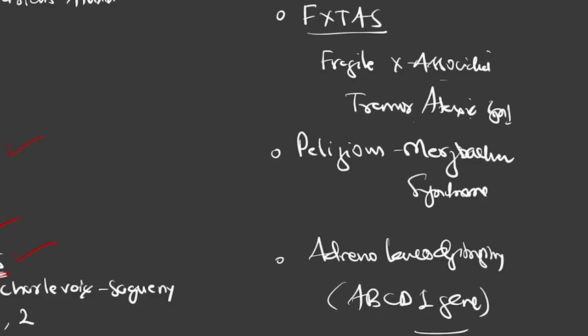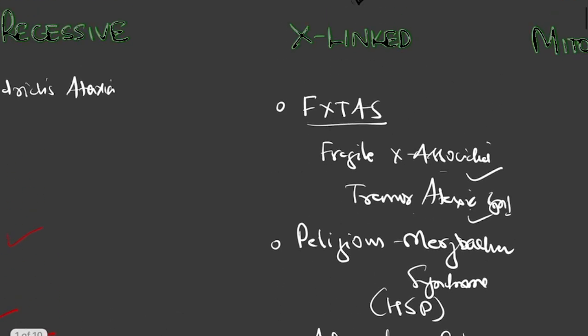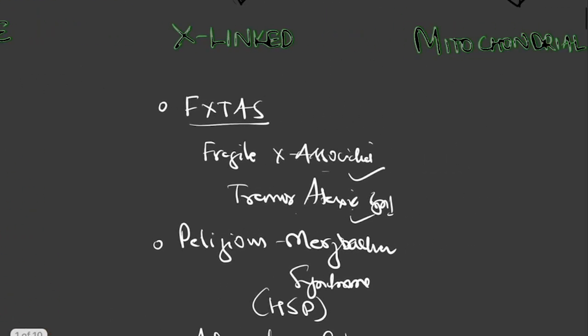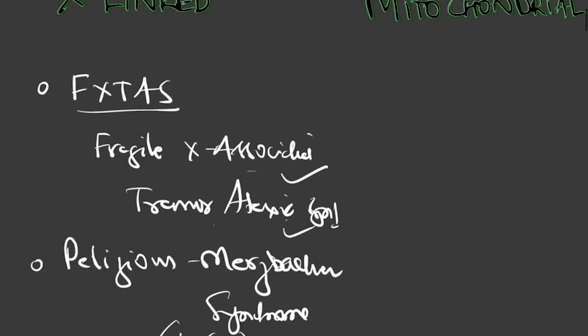In entrance exams they will ask what is the gene associated with adrenoleukodystrophy? It is the ABCD1 gene. Then Pelizaeus-Merzbacher syndrome is nothing but one type of hereditary spastic paraplegia. Then FXTAS stands for Fragile X associated tremor ataxia syndrome. These are the X-linked inherited ataxias.